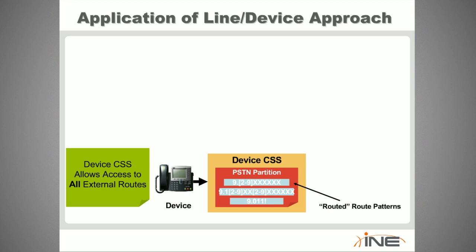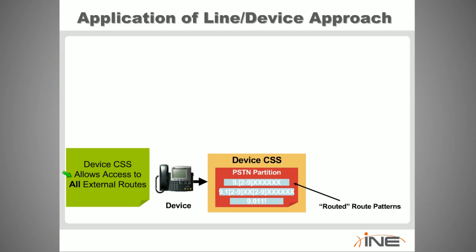What we're going to seek to do now is to split those calling search spaces out into application of separate functions. So the device CSS, as we see here, is going to allow access to all external routes, even if the person shouldn't be able to dial anywhere but internal and 911.